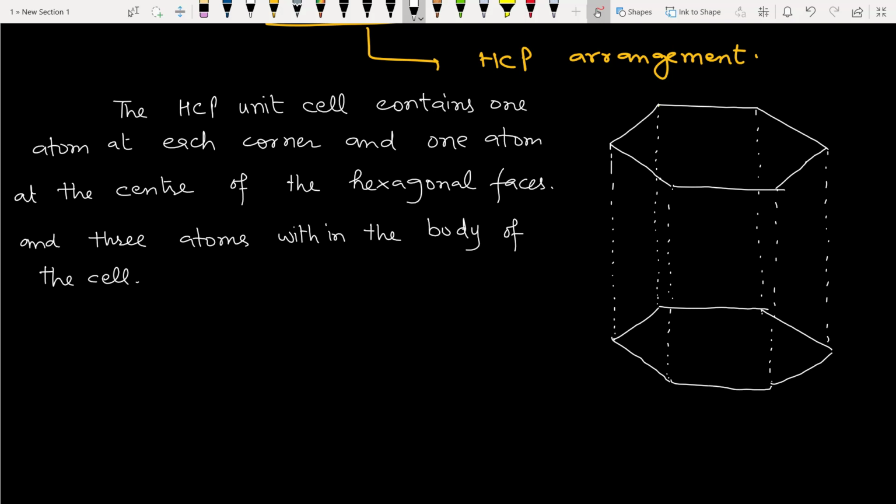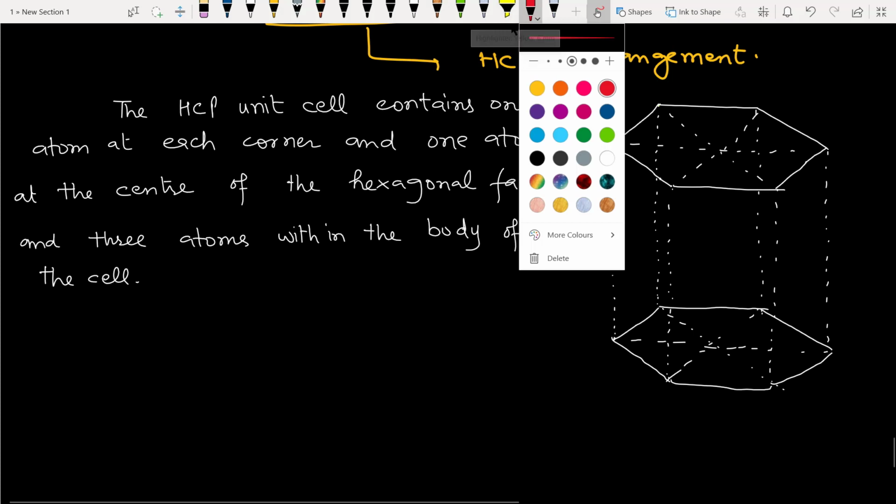So this is a hexagonal unit cell. These are its hexagonal faces. By drawing the diagonals, we try to find the center.